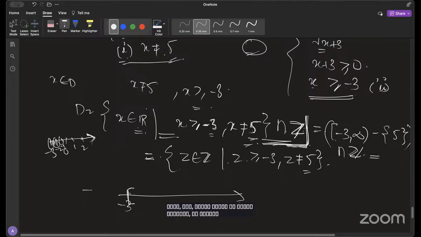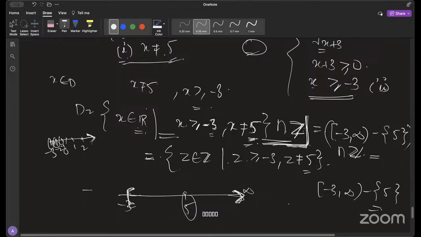So everything after -3 is included in this interval, but you just don't have 5 here. So it is starting from -3, goes till infinity, because it includes everything greater than -3, and then only excludes 5. Where you have 5, you exclude this thing from the interval, and then you have everything else here till infinity. That's why you get this thing, -3, comma, infinity, minus 5.